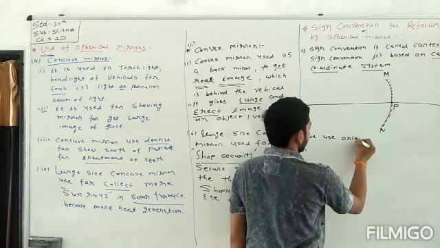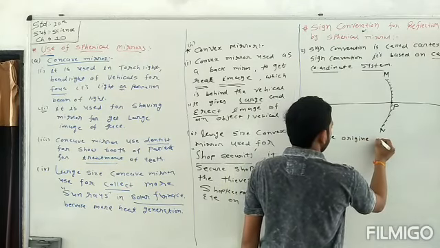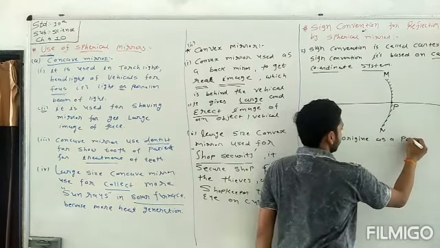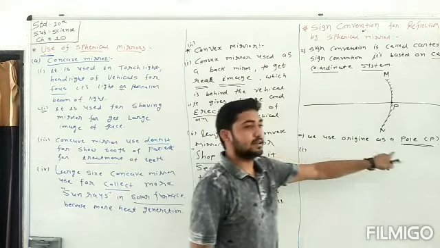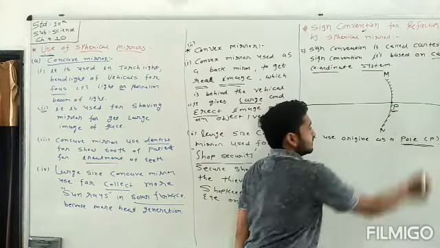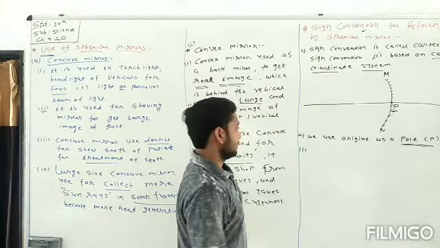We use origin as a pole P. In this system, we consider our origin. Origin is pole P.